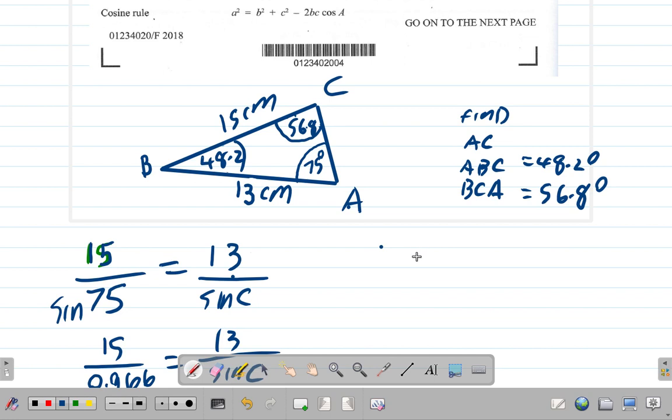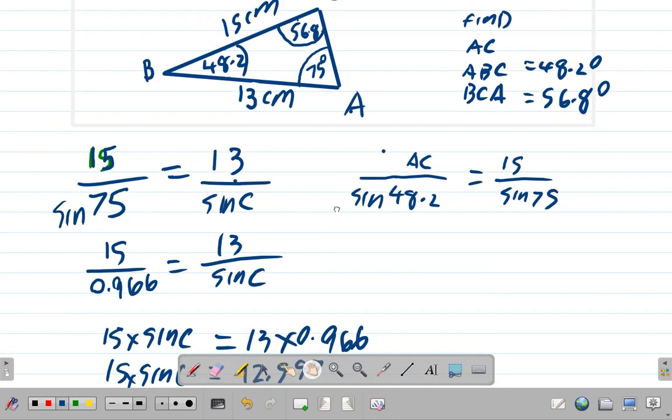We can say the length of AC over the sine of the angle opposite to it, which is 48.2, now that we know this angle, equals another side divided by the sine of the angle opposite to it. The 15 is BC, divided by the sine of the 75.